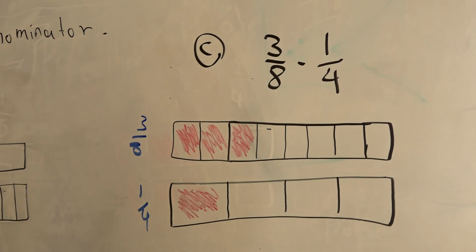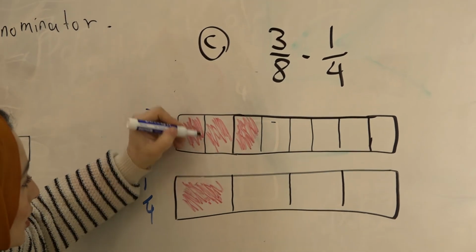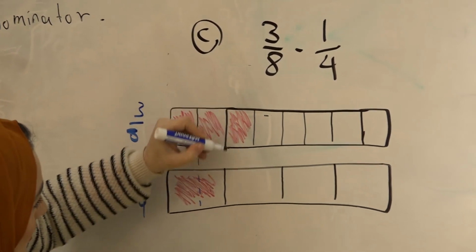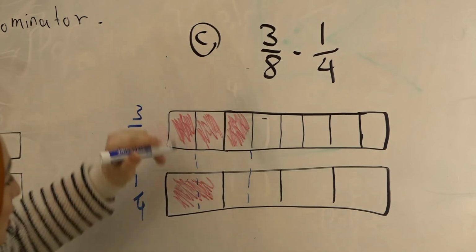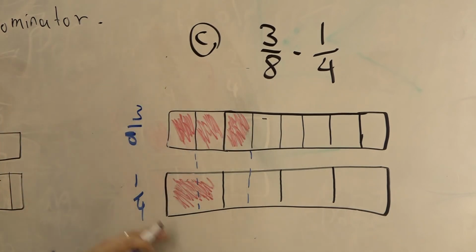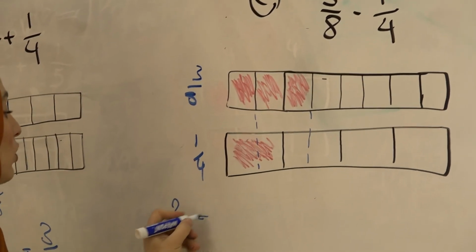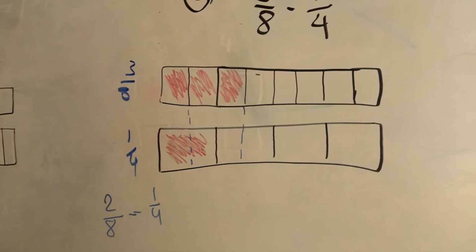Now we need to line up all the lines. Look, when we line it up, 2/8 equals 1/4. Okay?